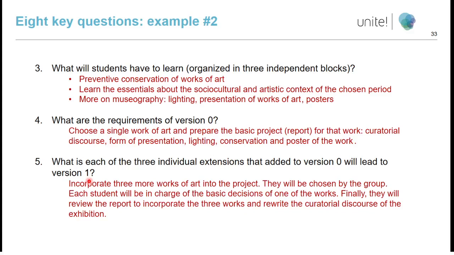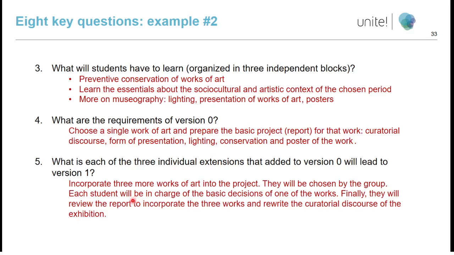That is, again, aspects related to lighting, conservation, poster, etc. That is the same decisions that they made together in version 0, but now each student will have to make those decisions alone for the work of art assigned to him.